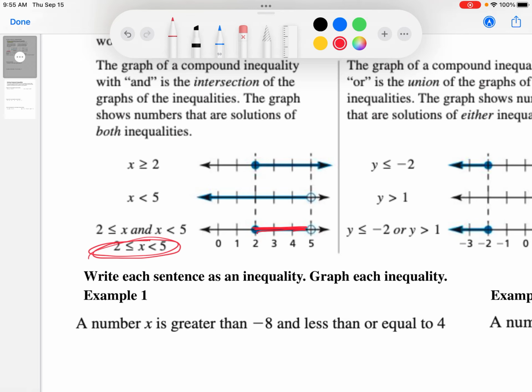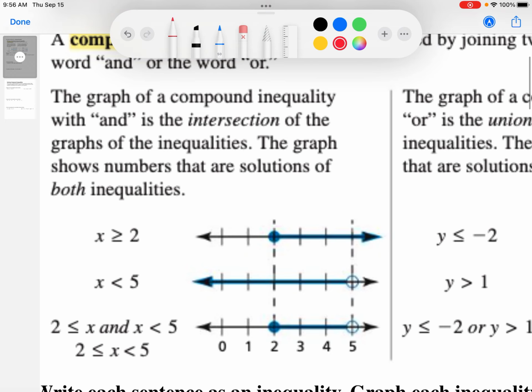Meaning on this first example, it has to be a number that's greater than or equal to 2, but it has to be less than 5. So those are called compound inequalities that use the word and. They represent the intersection of the graphs of the two inequalities.